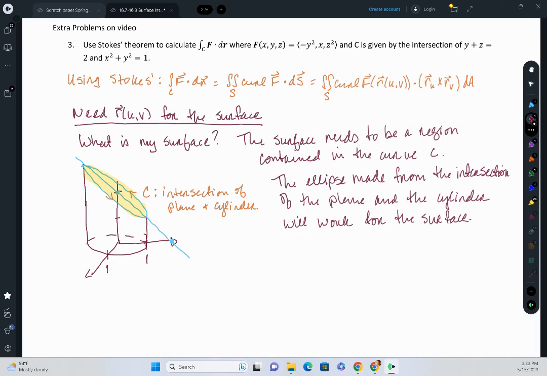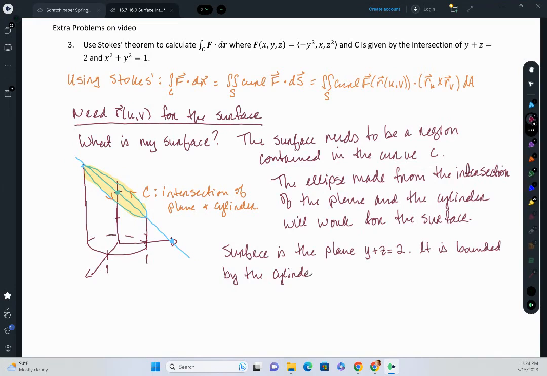Now we have to look at that elliptical shape and realize where it came from. This is where we have to really keep separate the surface from the bounds. So the surface is the plane y plus z equals 2. It is bounded by the cylinder, and that's what's going to give us the shape.